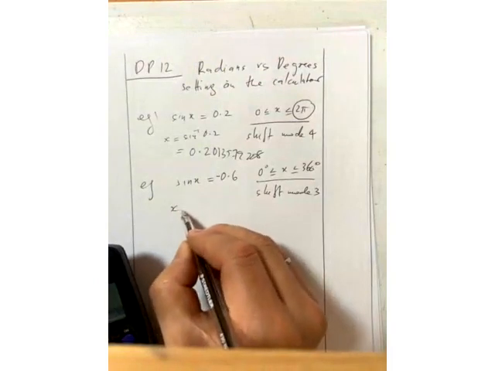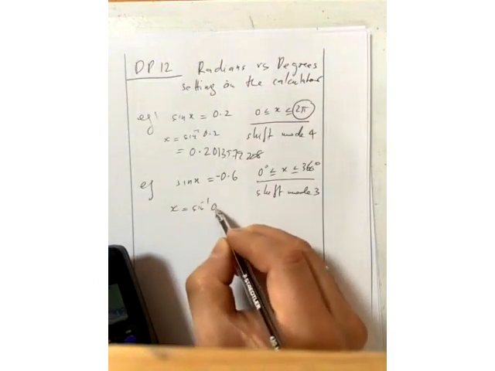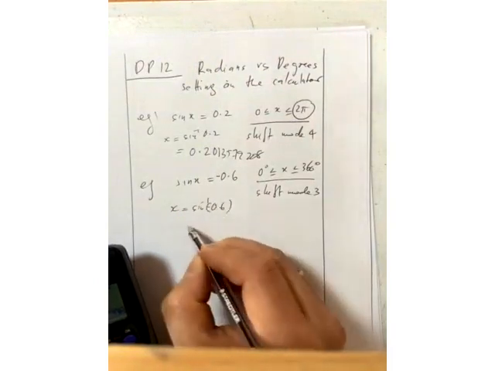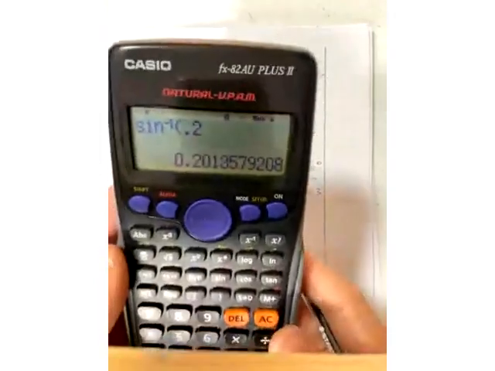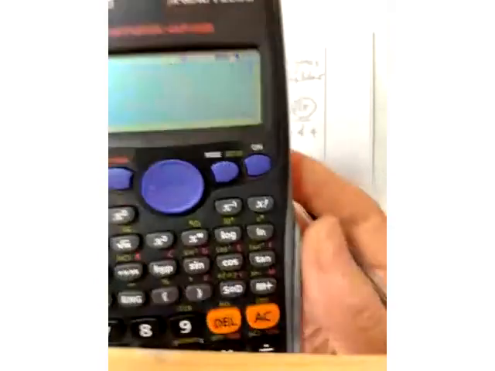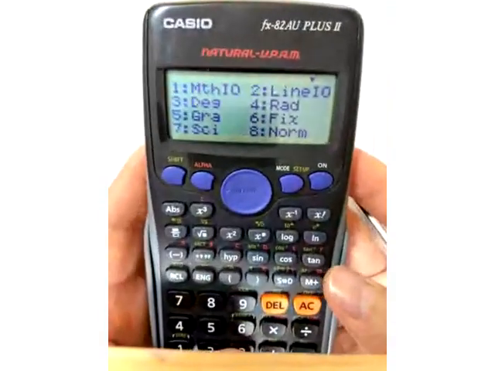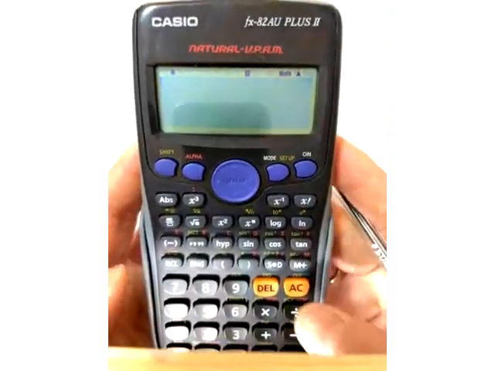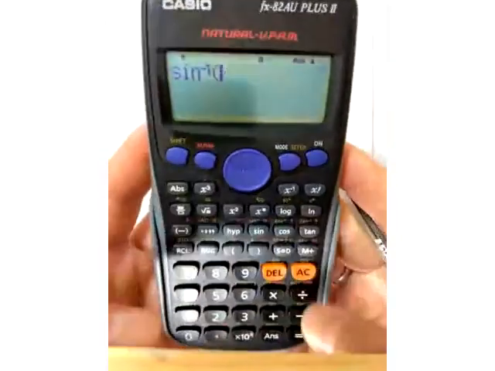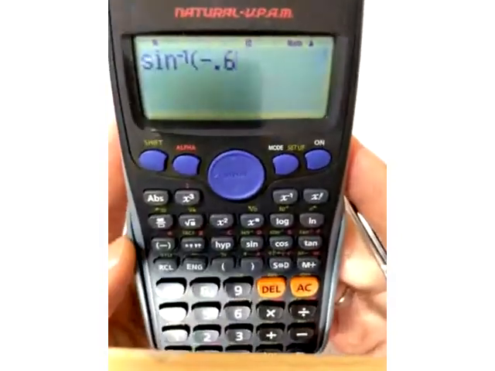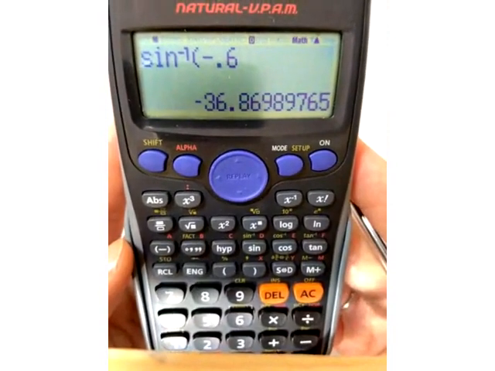Versus this. So if I say X equals sine inverse of negative 0.6, so I'm going to change this calculator back now. So clear that. Change this down to degrees mode. So I'm going to go shift mode 3 equals, and then I'm going to go shift sine inverse of negative 0.6, and that will give me that answer.